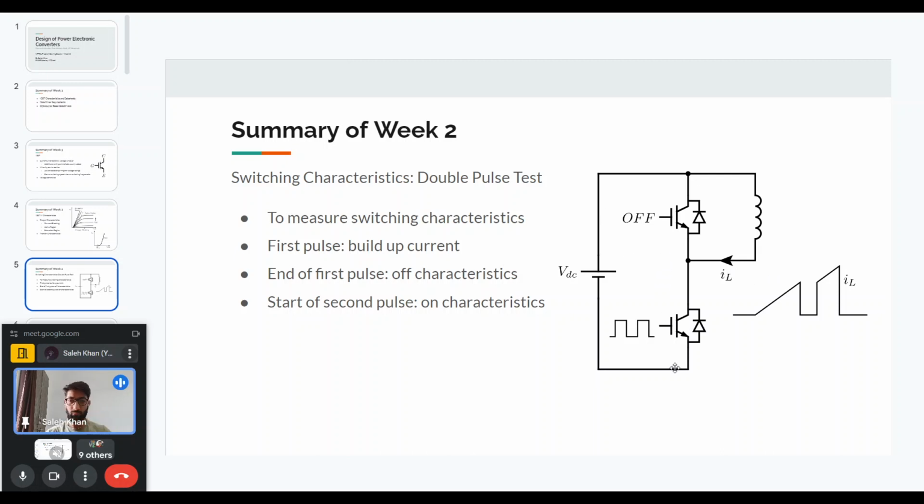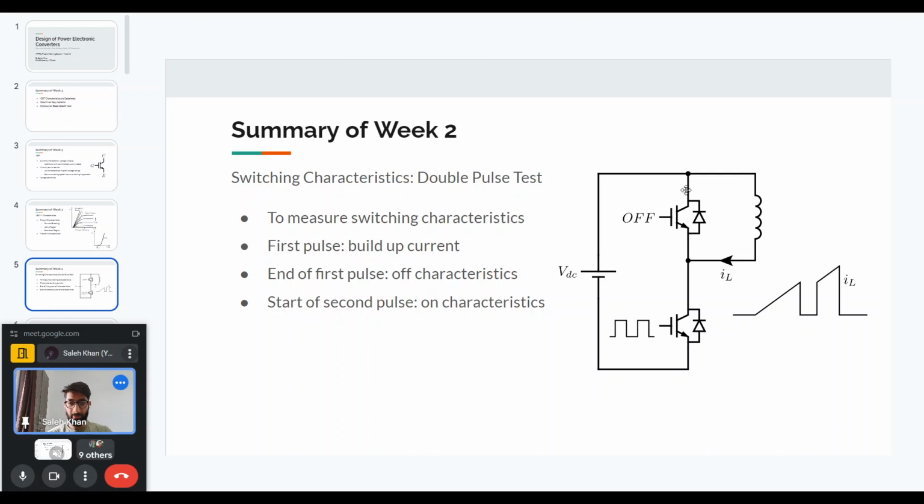We have a circuit, shown here, which consists of a half bridge. That means two devices. The lower one is what is called the device under test. You will usually find DUT written there. DUT means device under test, and then there will be another device. It can be the same device or it can be a diode only device here.